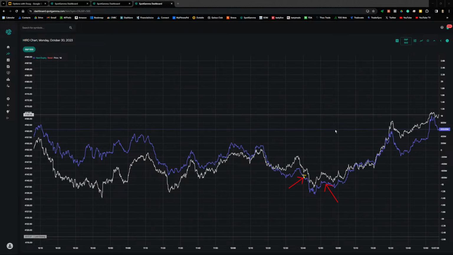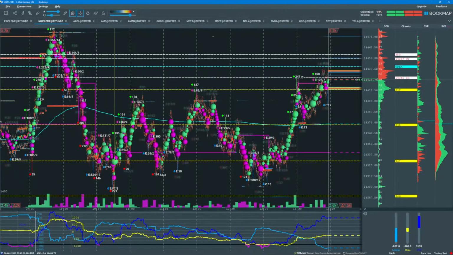They can also confirm a trend, or you just have to watch HERO, and I watch Bookmap to make a decision. But anyway, in this case, it acted as more of a mean reversion higher, as options traders started taking positive delta positions, right around 12:45. All right, so let's go look at Bookmap. We're looking at a short in the morning, then a long in the afternoon.